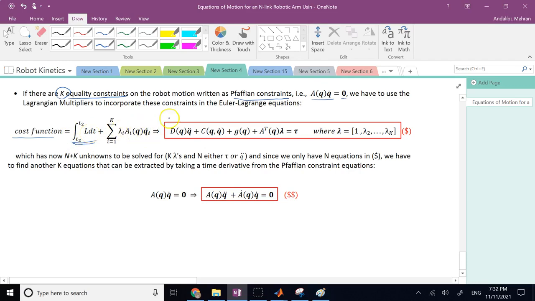You add to it now the term that is supposed to be 0, the summation of Ai(q) times qi dot. Here Ai is the ith row of matrix A. So this summation is another way to write this matrix product.